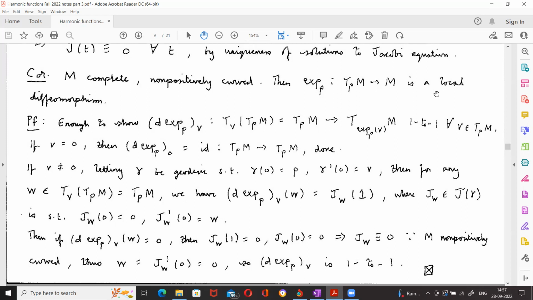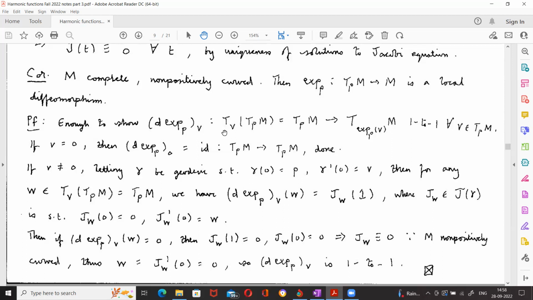By the inverse function theorem, it's enough to show that the derivative of the exponential map at all points is an isomorphism. So we have to show the derivative of the exponential at any vector v in the tangent space is injective.